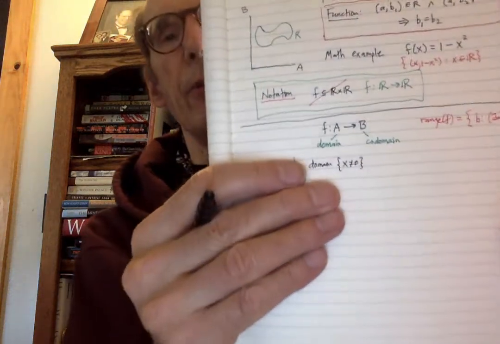Okay. Just to look at some examples, I'll use some math functions to start with. If f of x is given by the reciprocal of x, the domain, which I'm going to write informally, is the set of x that isn't equal to 0.